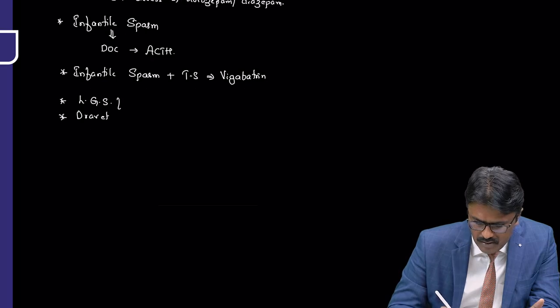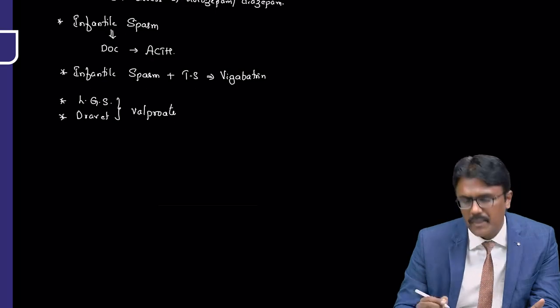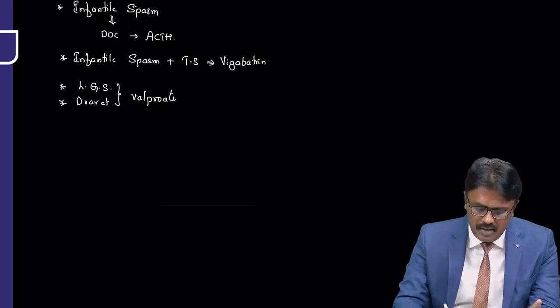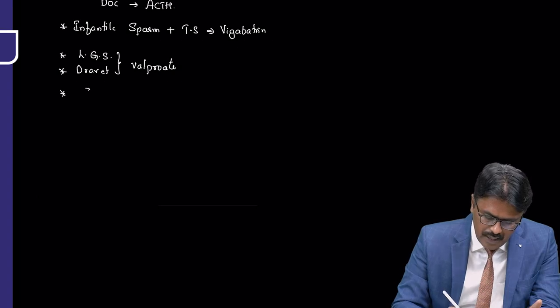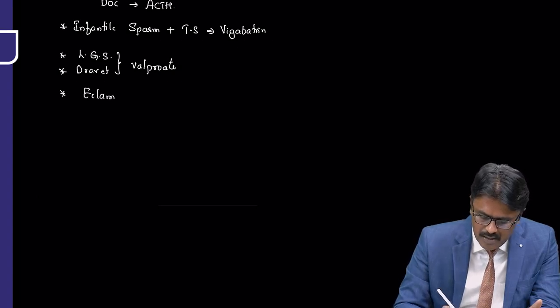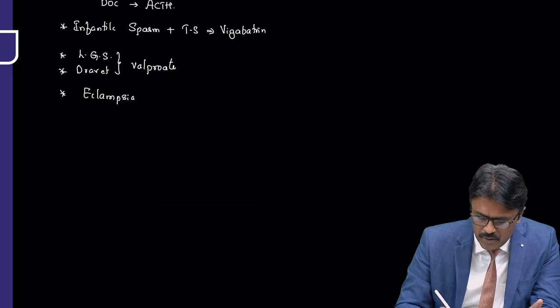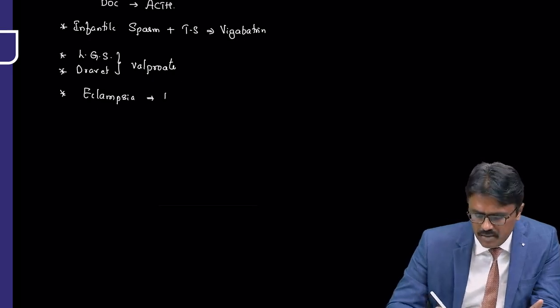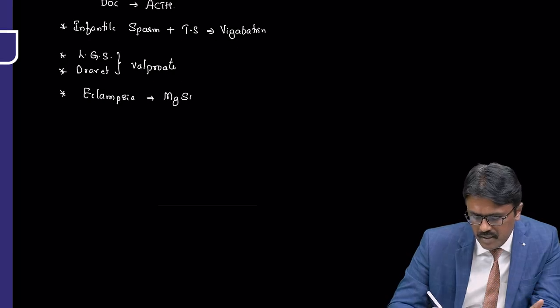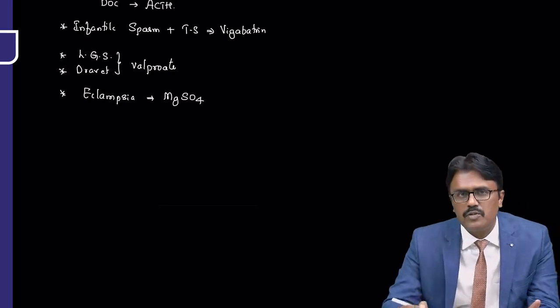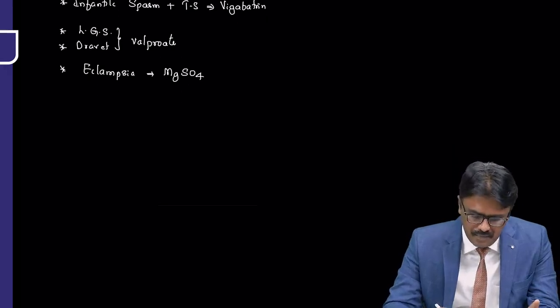For that, the drug of choice is valproate. And coming to eclampsia, which occurs during pregnancy, what is the drug of choice? You all know it is magnesium sulfate. Magnesium sulfate is the drug of choice for eclampsia.